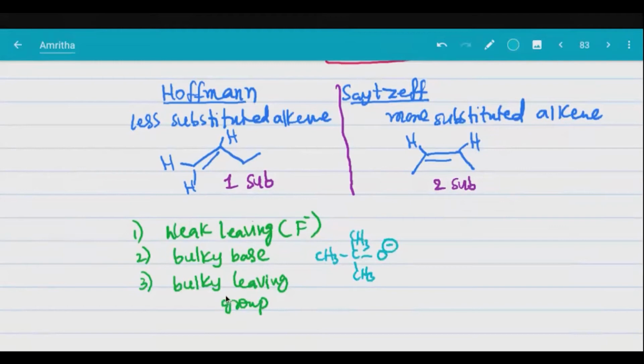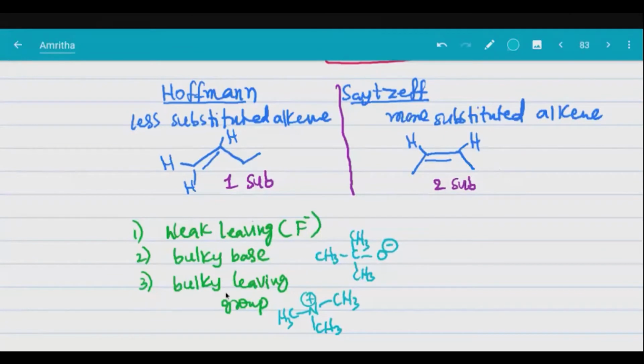Bulky leaving group is, see, this is the leaving group, N plus methyl, methyl. If this is the leaving group, in those cases Hofmann product is major. But in all the rest of the cases, Saytzev.